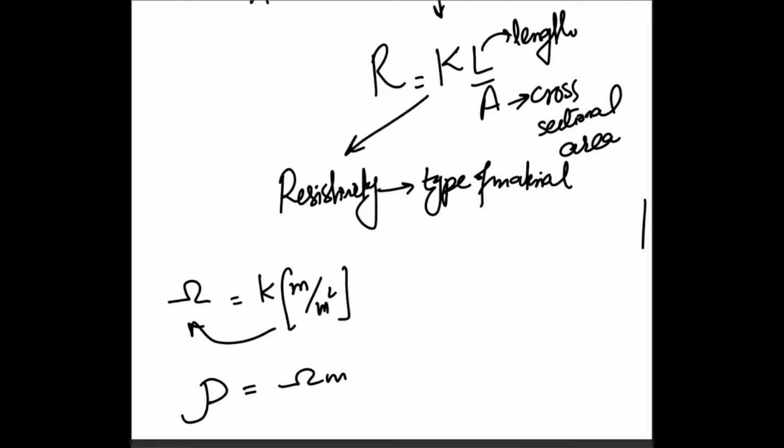So in a way, this unit gives me the information about how much resistance we should experience for a certain length of wire. Not 1 meter, but for a certain length of wire. So just for the sake of understanding an example, I'm going to give you the values of resistivity of copper and resistivity of tungsten.